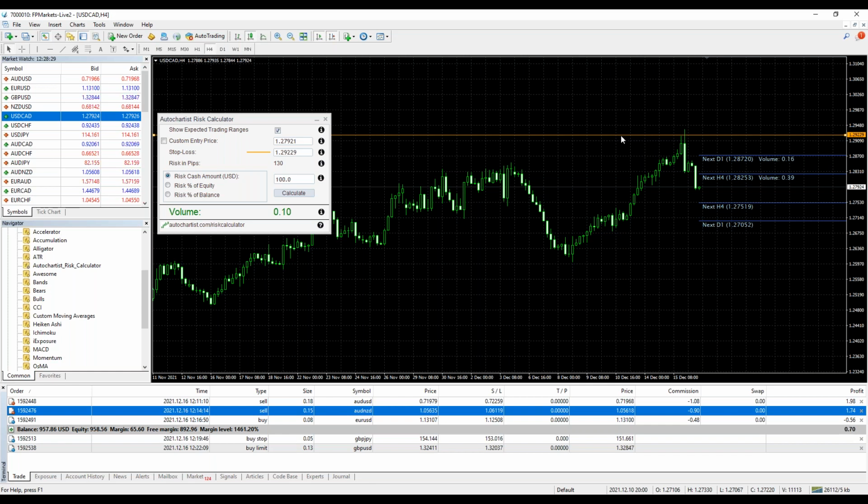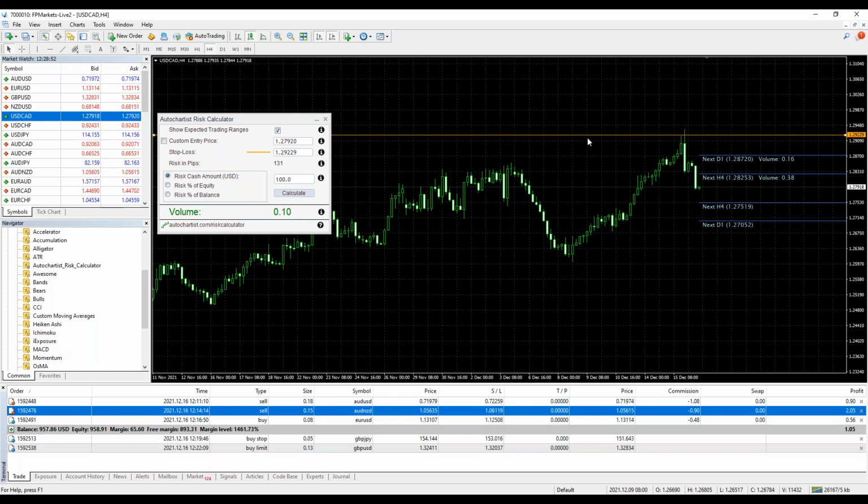Mateus is asking, are the price ranges based on Fibonacci patterns? No, they are not based on Fib or any kind of Fib retracement at all. They're actually based on historical volatility at this time of day for this day of the week.